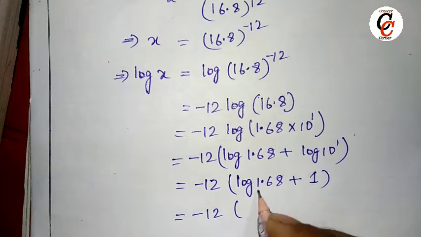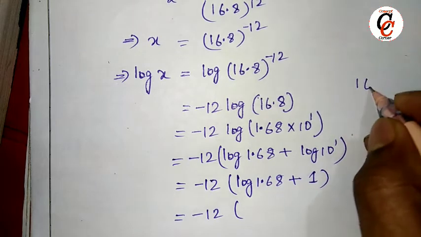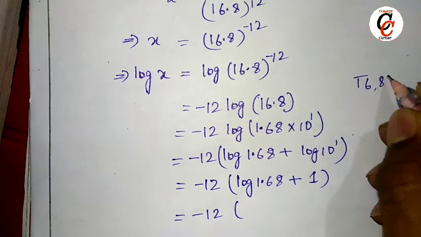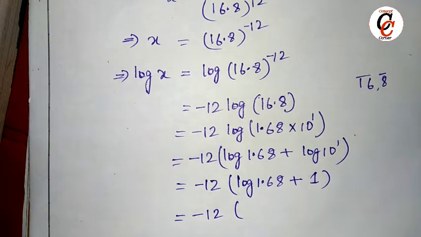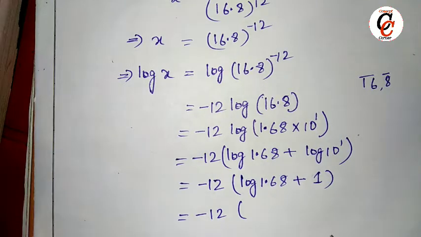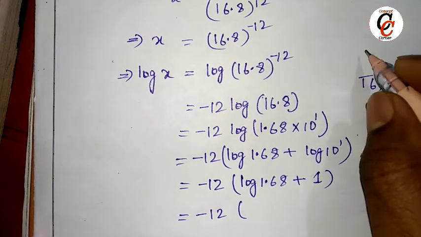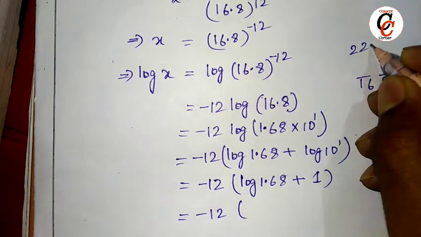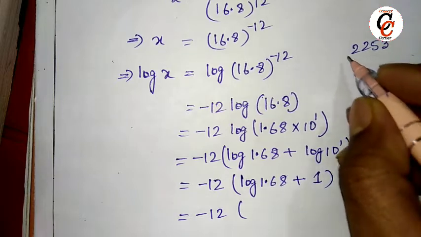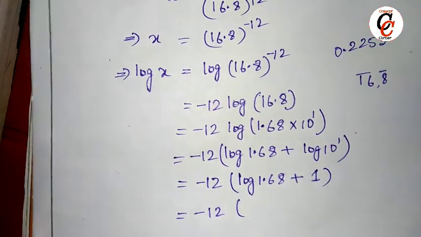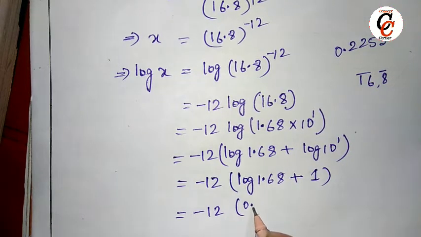Minus 12, from the log table we have to see 16 number row and 8 number column. So what is the value? In 16 number row and 8 number column you will get the value 2253. So the decimal point will be in front of the number, that is 0.2253 plus 1.